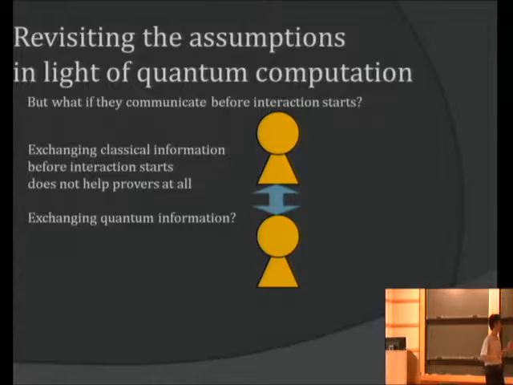So in the classical world, whether they communicate before the interaction or not doesn't matter. What matters is that they do the optimal thing.